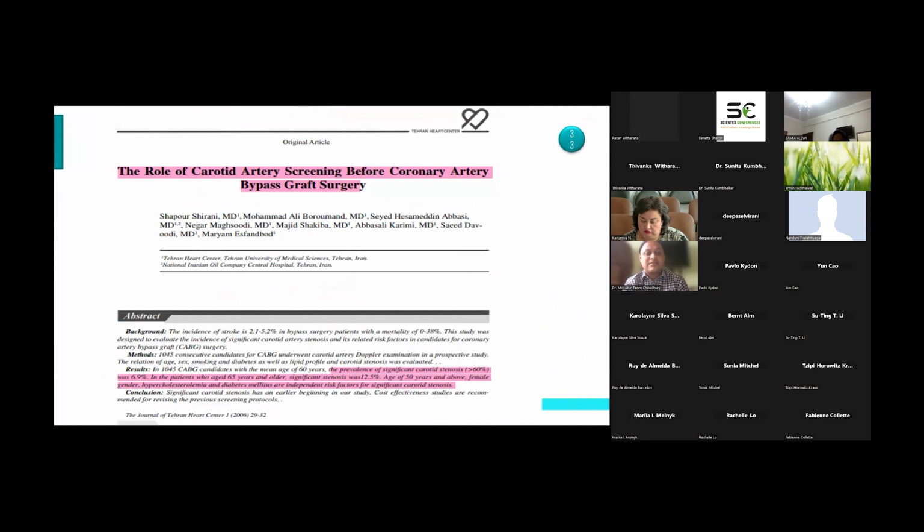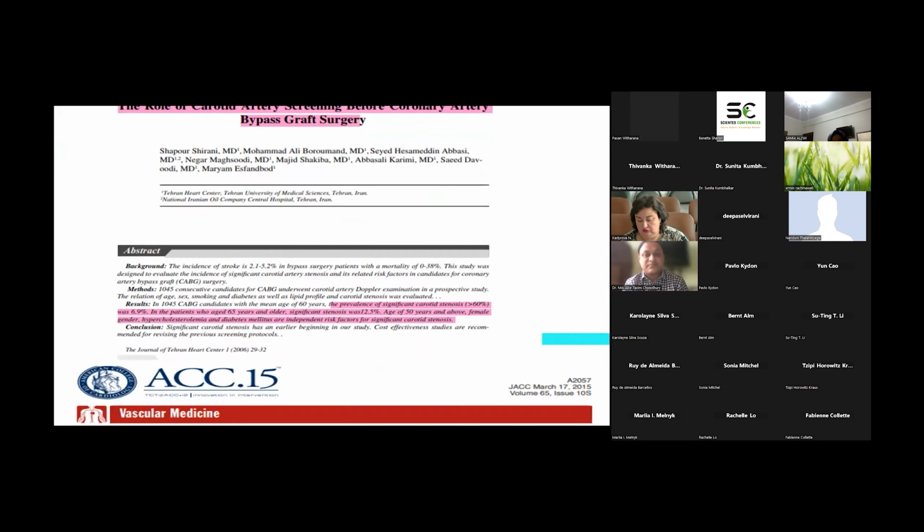Here is another study, titled the role of carotid artery screening before coronary artery bypass graft surgery. In the study, they found that age of 50 years and above, female gender, dyslipidemia, and diabetes are independent risk factors for significant carotid artery stenosis.